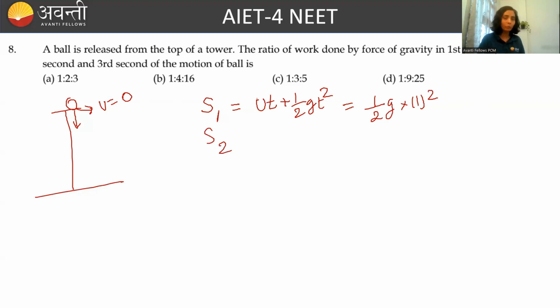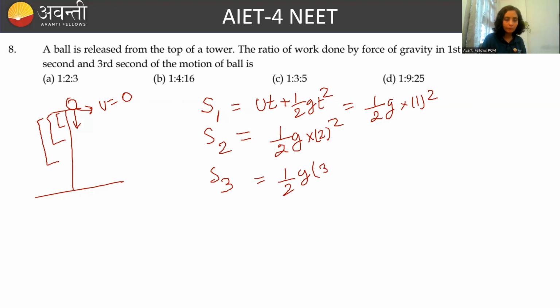Not second I'm talking about. Distance covered in 2 seconds. So distance covered in 2 seconds कितना हो जाएगा? Half g into 2 ka square. And if we have to calculate distance covered in, suppose 1 second में इतना हुआ, in 2 seconds it is this, in 3 seconds it is this. So this will become half g 3 ka square.